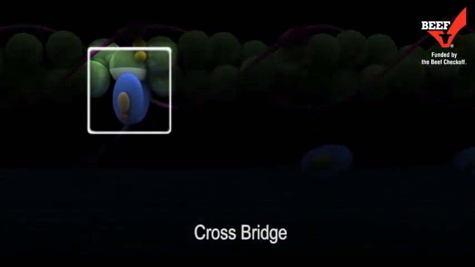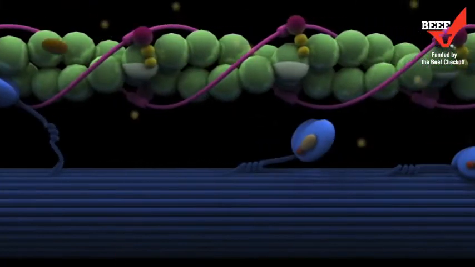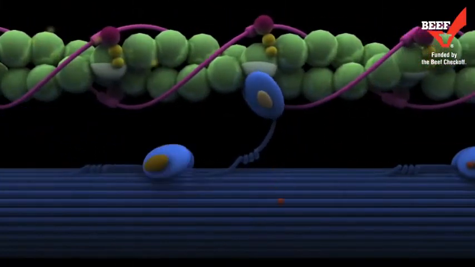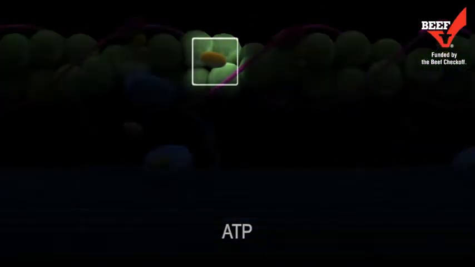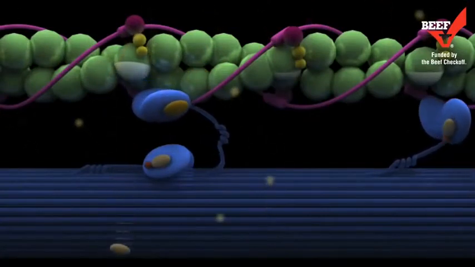The free phosphorus is released, causing the myosin head to change conformation, resulting in a power stroke, or the sliding of muscle myofilaments. ADP is released, leaving the myosin head attached to the binding site until ATP rebinds with myosin to release the head.